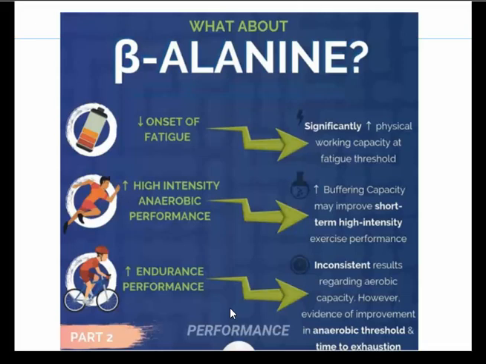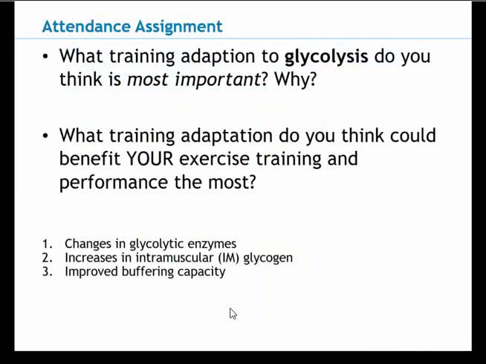There are inconsistent results here on how beta-alanine works with endurance, but what has been shown is that it does improve anaerobic threshold, which is just pushing back that fatigue threshold and extending your time to exhaustion, allowing you to exercise for longer. So those are our glycolytic adaptations.